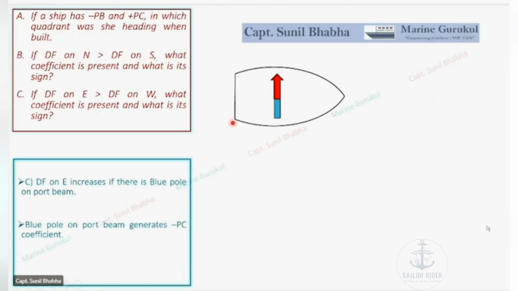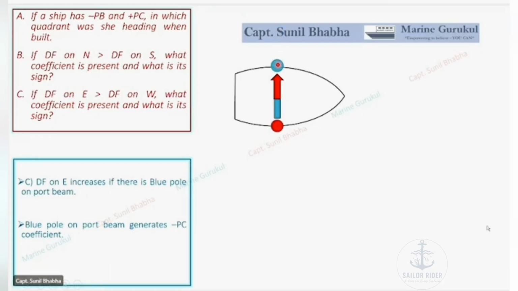We have a ship here which is on an easterly heading. The question says that the directive force on an easterly heading is greater. Now for the directive force to be greater, the ship's pole and the Earth's pole should match. North of the compass, we have the blue pole of the Earth; the Earth's north pole has a blue polarity. So the ship's pole also has to be blue north of the compass.